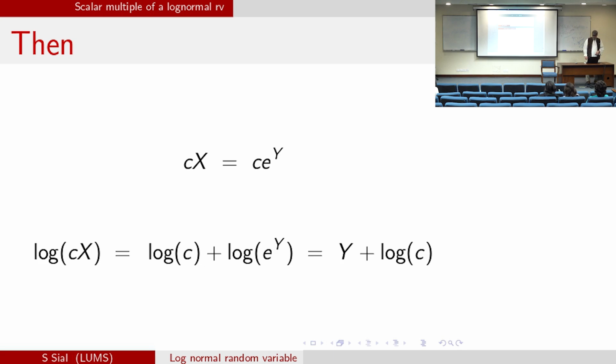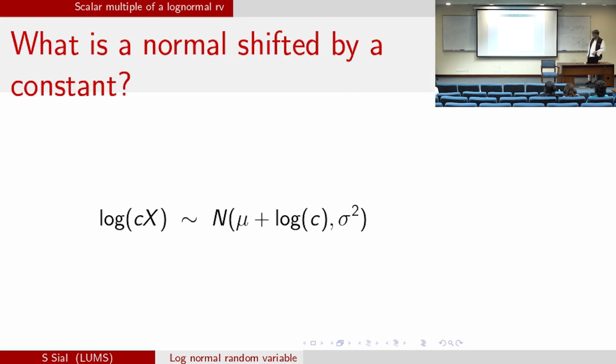What if I have a normal random variable and I shift it by a constant?